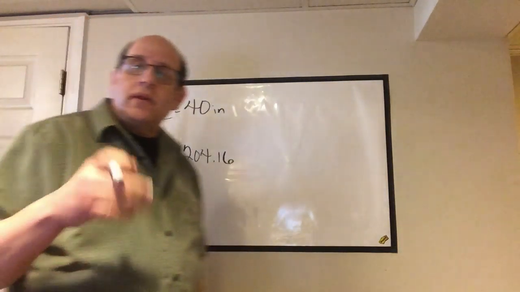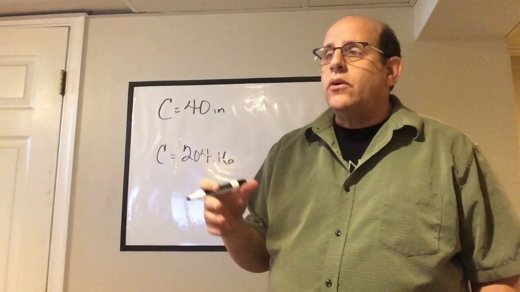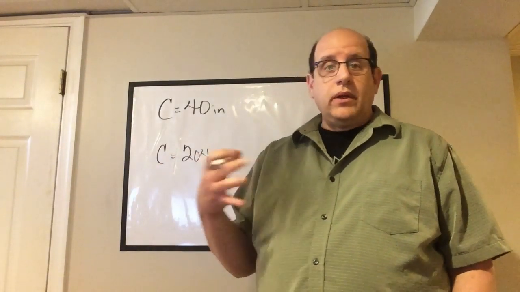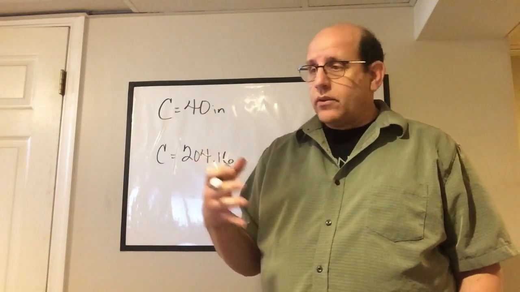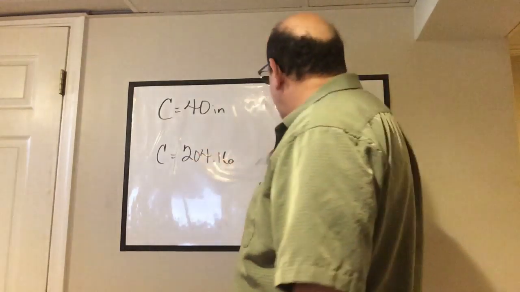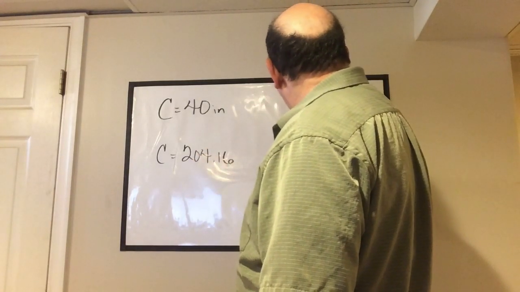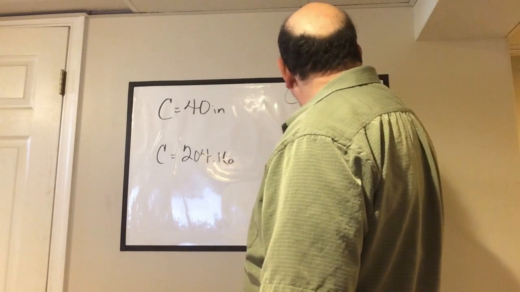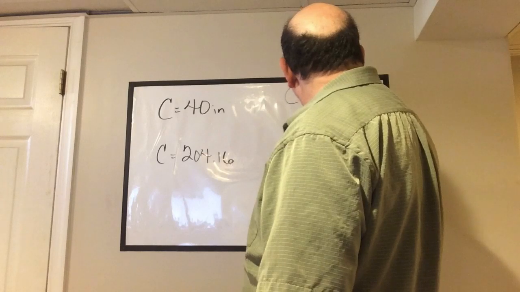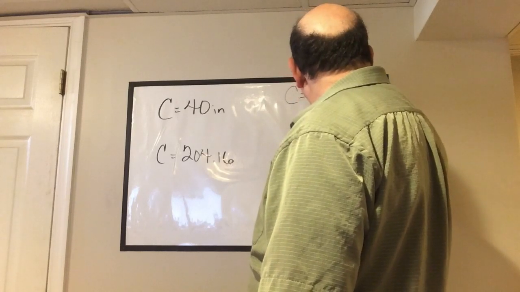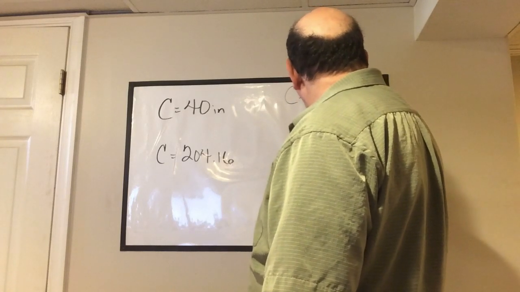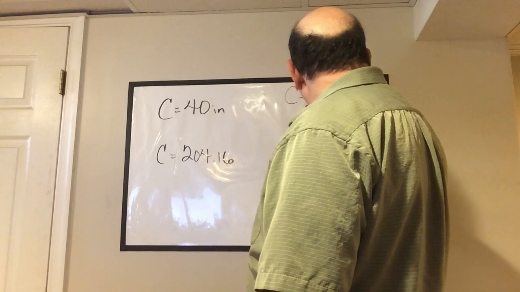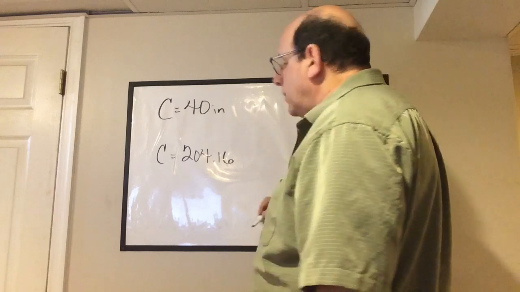Hi guys, I'm going to talk to you about how you solve the first section of the exercises on page 2. And really it's just talking about circumference. Circumference equals 2 pi times the radius, or pi times the diameter, right?